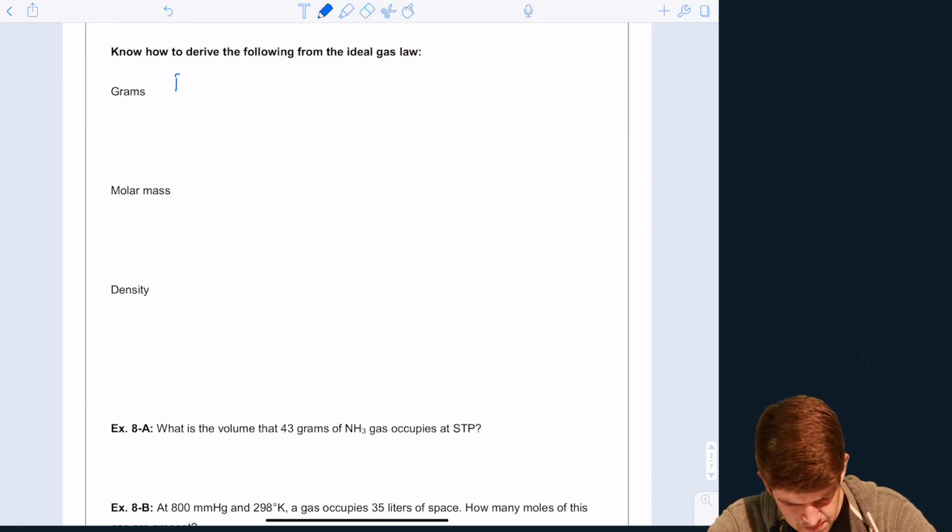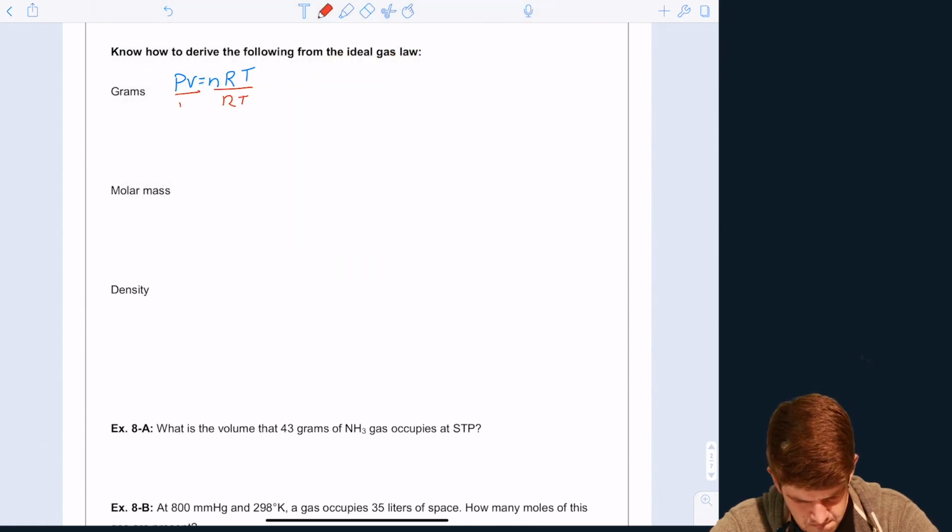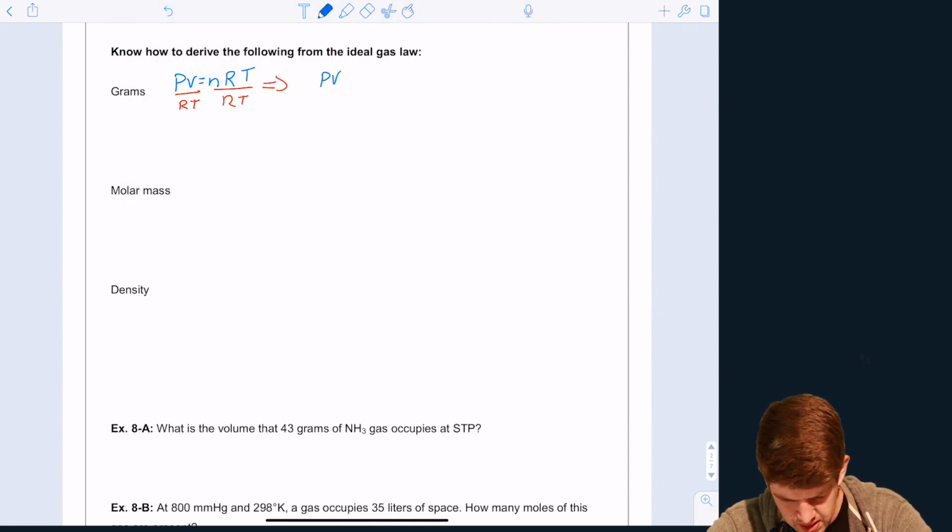And so from PV equals nRT, how do we get grams? The first thing you can do, and there are multiple different algebraic ways to go about this, is I can take both sides and just divide by RT. And that will give me PV over RT is equal to n.